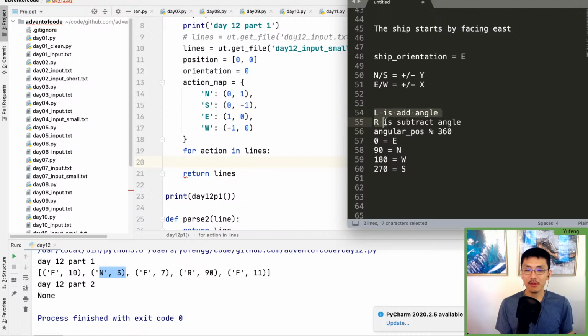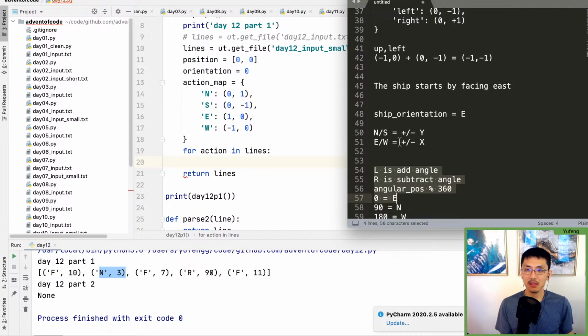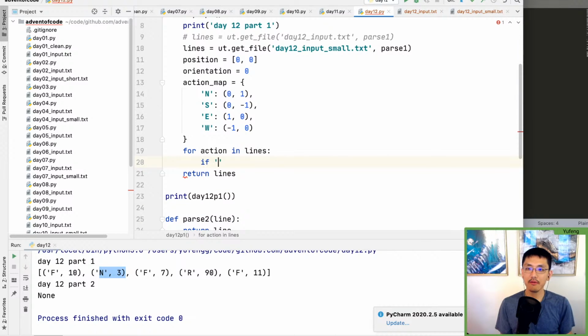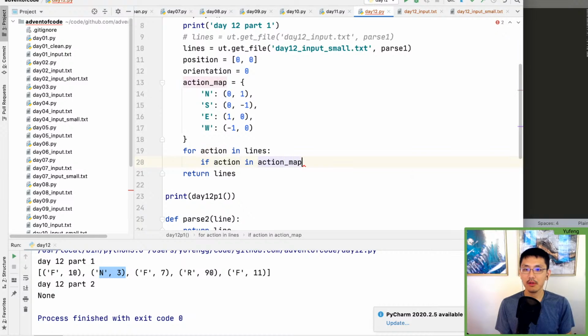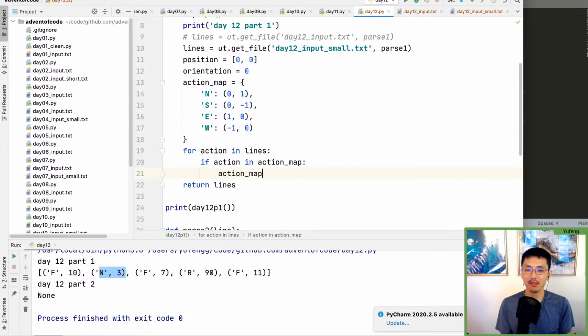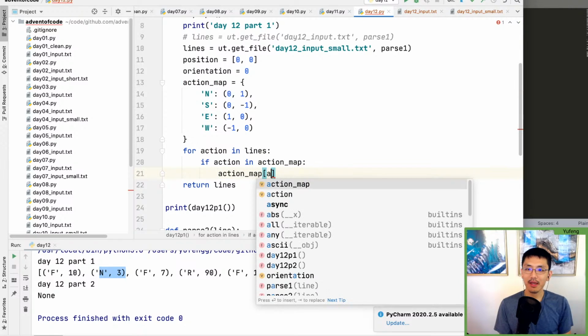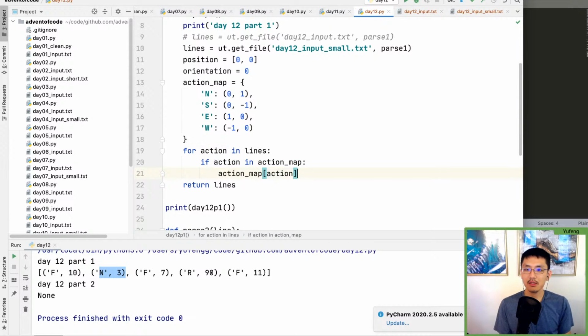And then for this, we need to change position. So let's say if action in action map, then we can do action map at action. The reason I'm not using get is because I want to do something different if it's in the LRF space. Action map at action times, not action, it's for direction and distance.